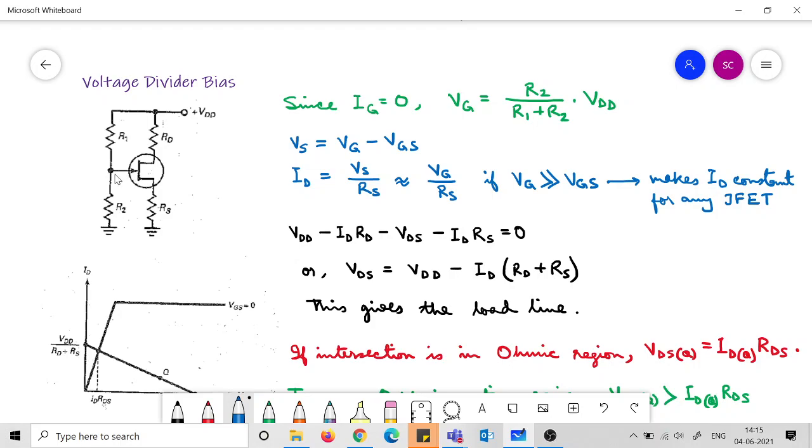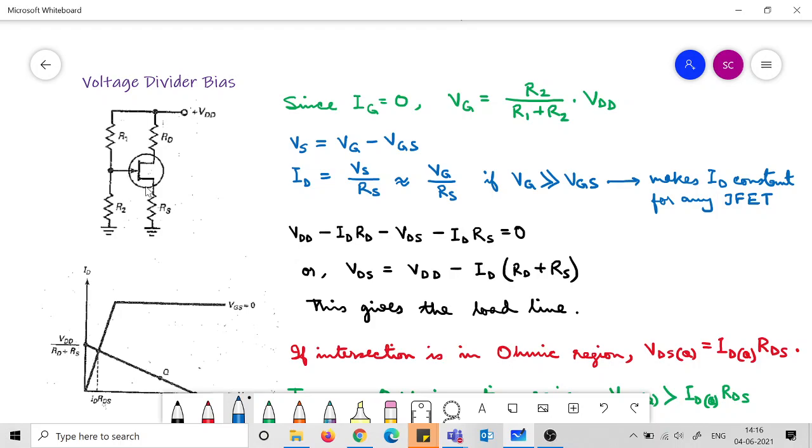So IG is 0, and so the VG that is getting developed at this point is simply the voltage divider. By the voltage divider rule you can find that out. So this is the VG. Once you know the VG, you have to come to VS in order to calculate the current flowing in this branch.